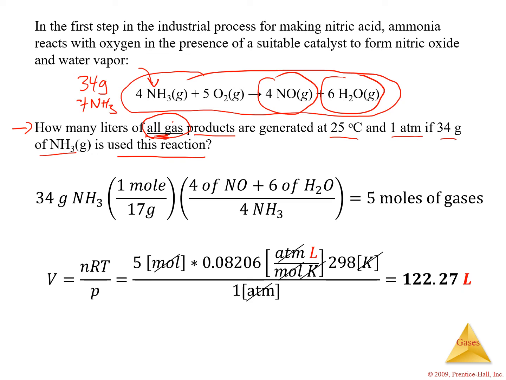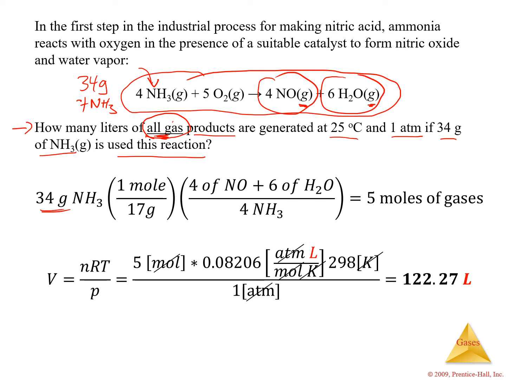And all gases means that the nitric oxide and water are both gas. So I start with the information given and apply this to calculate the number of moles, because if I'm not starting with number of moles, I cannot apply that information directly to a chemical reaction using stoichiometric coefficients.